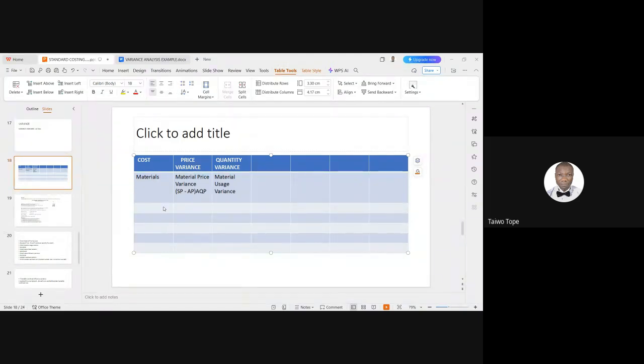So what do you think might be the possible formula? Standard quantity minus actual quantity multiplied by actual usage? Okay, that is a very good try. Can I get another?